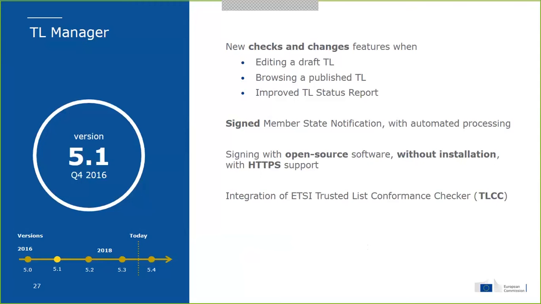Okay, we improved some other things, but something worth mentioning again is that if you want to notify us of a change of signing certificate, so if someone joins or leaves your team, or a trusted list signing certificate expires, or anything related to that, please send us a notification through the tool, a signed notification, so that we can automatically authenticate and process it on the go.